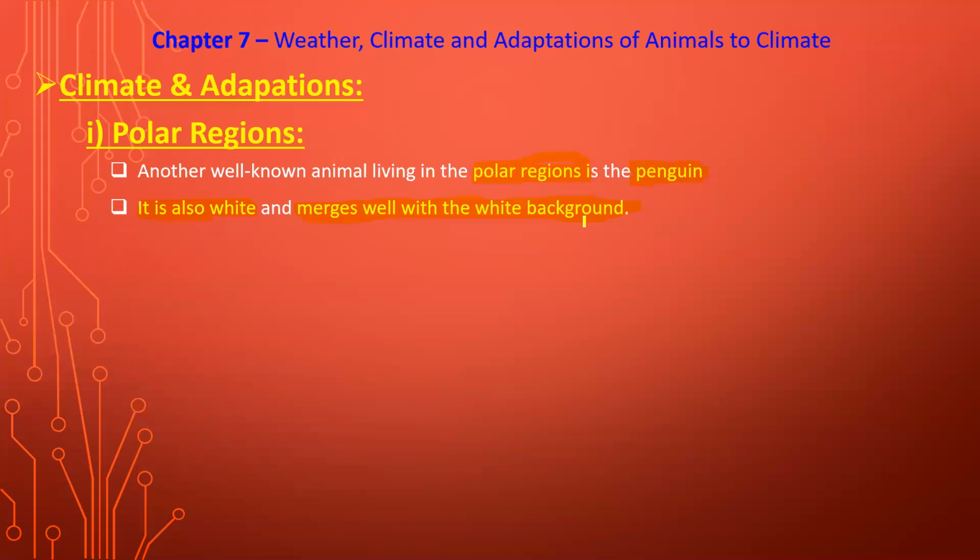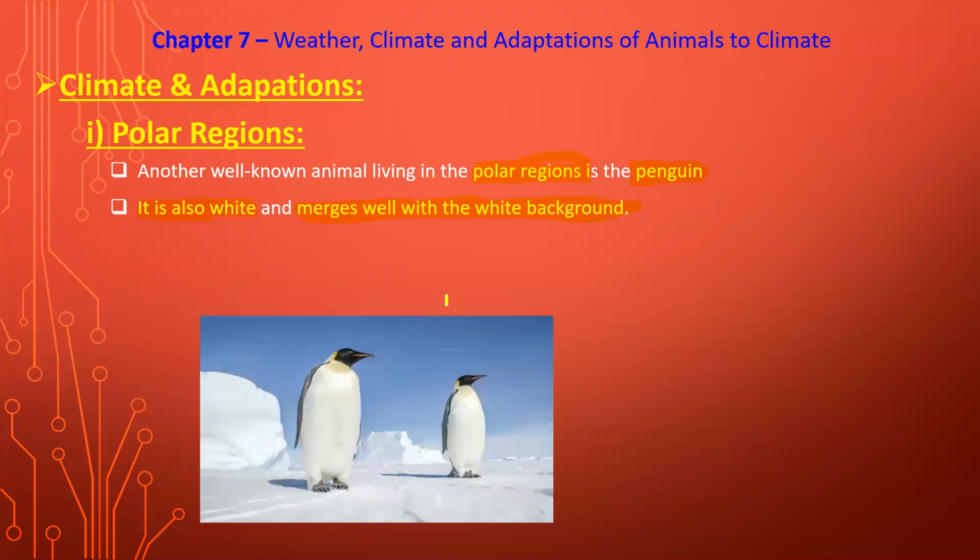Here the image is given for the penguin. In the image of the penguin, you can see that its body is white in color. This white body merges with the background.